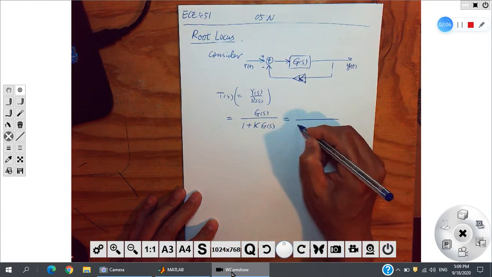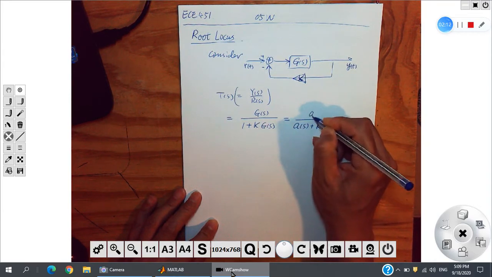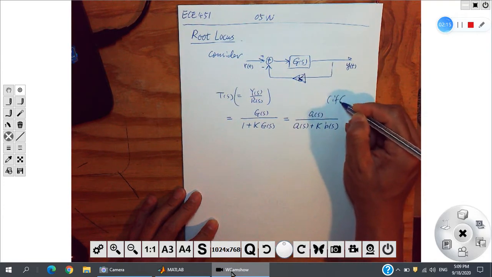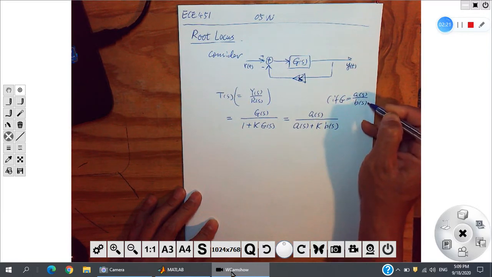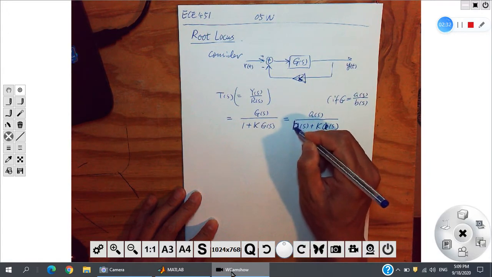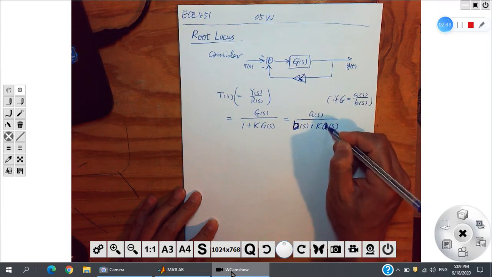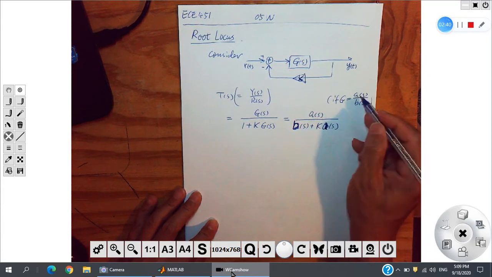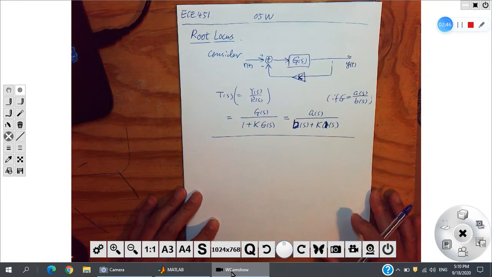Suppose G equals A of S over B of S. Sorry, this should be A over B, then this is A, this is B. Then T is A of S over B plus K times A, with the B moved this way. So we have the system transfer function looking like this.